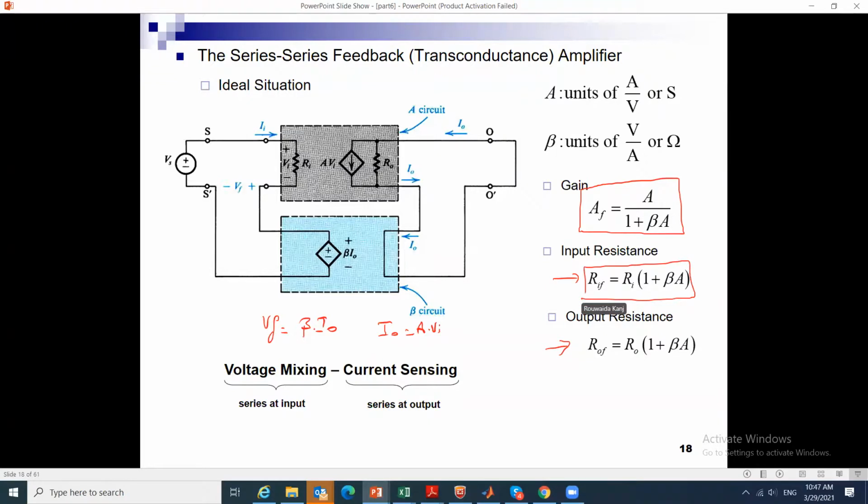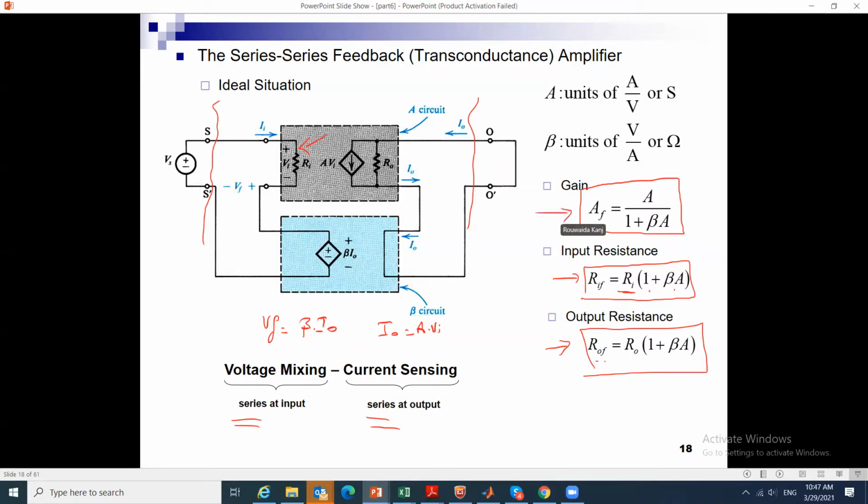Now look here, since it is a series, the RIF for the full amplifier is equal to RI of the A block times 1 plus A beta, and the ROF for the full amplifier is equal to RO times 1 plus A beta. Okay, when we use them in examples, it will become clearer.